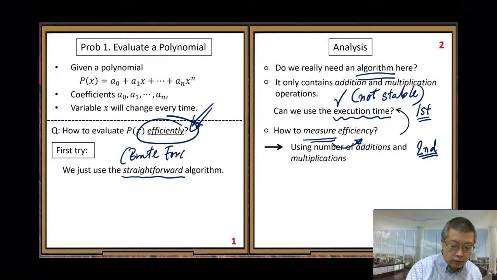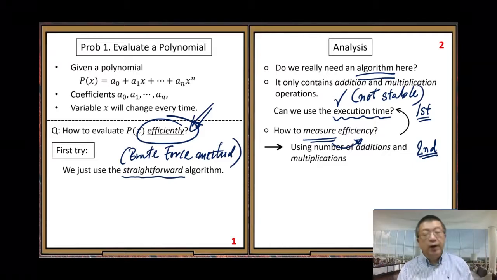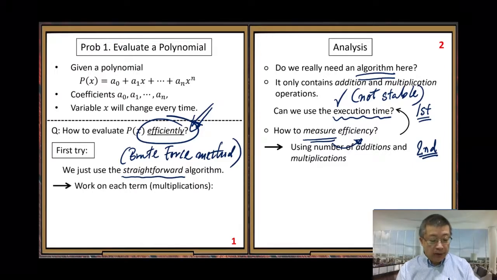So actually here, we just use the brute force method. When we use the brute force method, let us work on each term. Term by term. There are many terms. Each term.